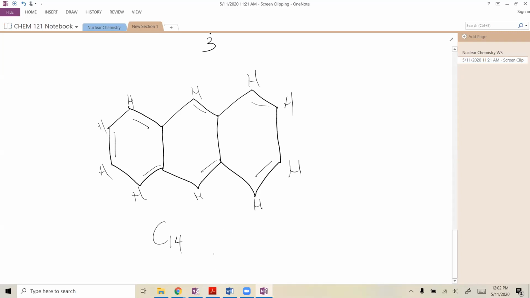But we know that we have that formula, CnH2n plus 2. And so if this was all straight chained, we would have had C14H30. Now, every time we add in a double bond or a ring, does anyone know how many hydrogens we eliminate?